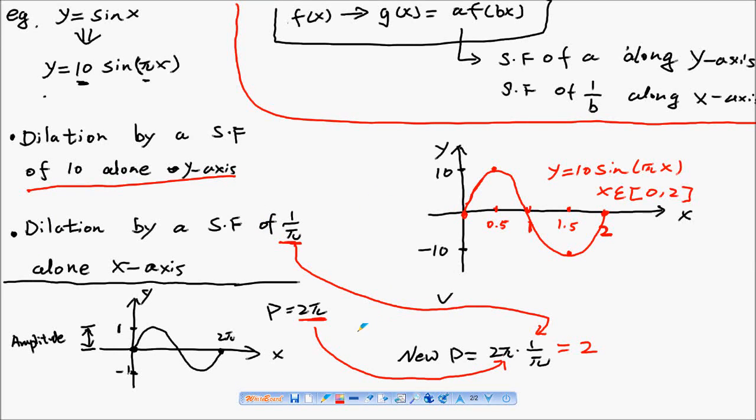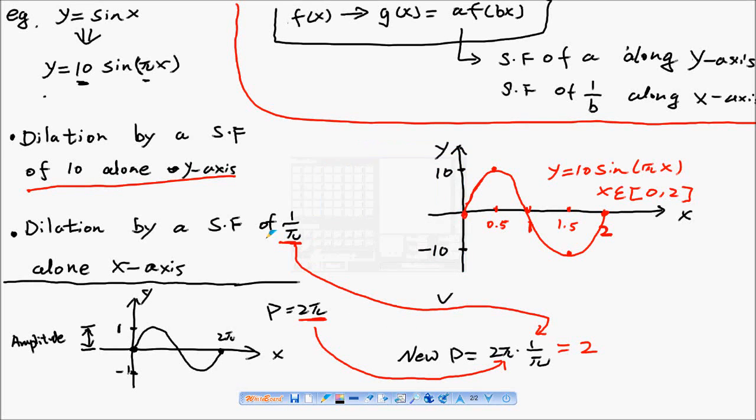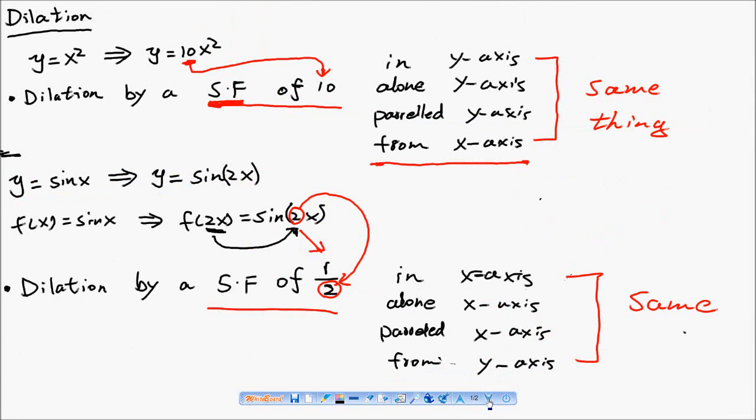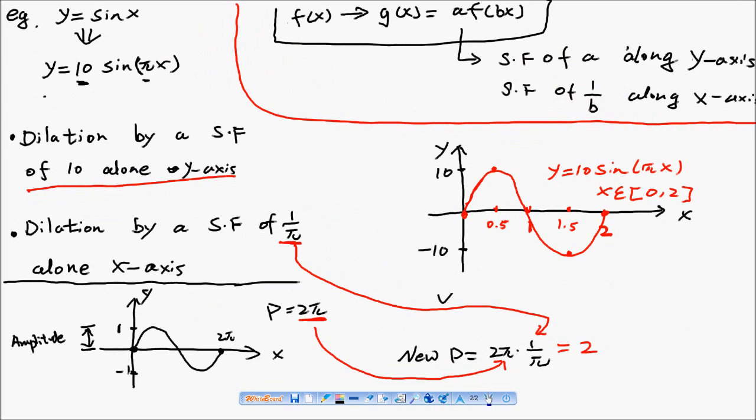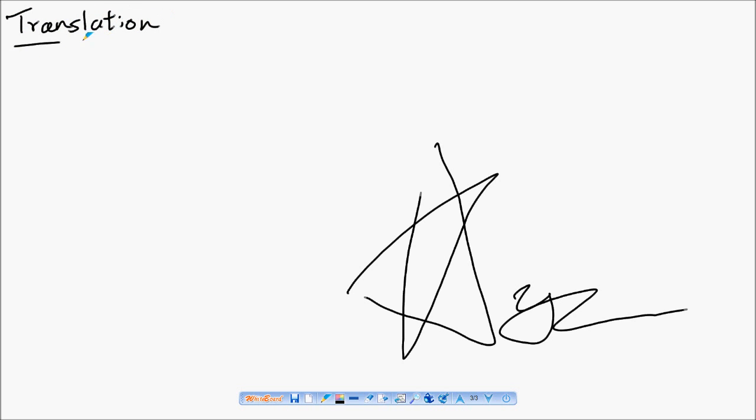Now let me show you how to do the final step of a transformation, which is translation. We used the technique of translation before. I do an example here.